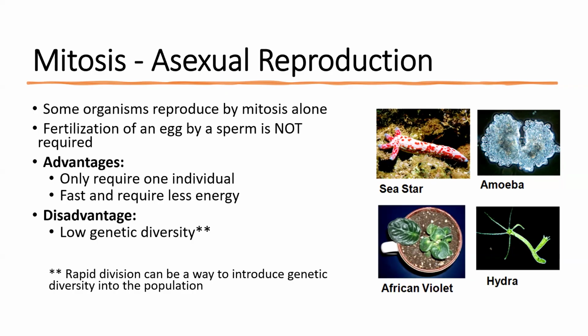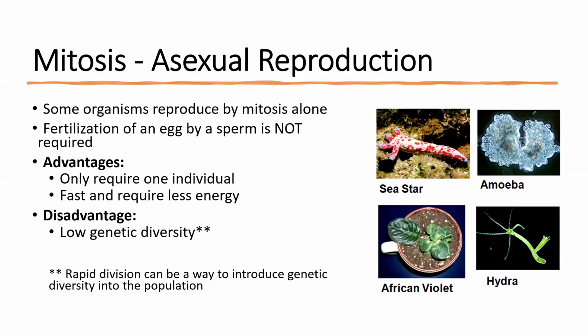It's fast and it requires less energy. A bacterium is able to divide every 20 minutes under ideal conditions, compared to humans. If we carry a baby, it takes about 10 months, right? And a lot of energy, of course. So that's the major advantage. The major disadvantage is low genetic diversity.